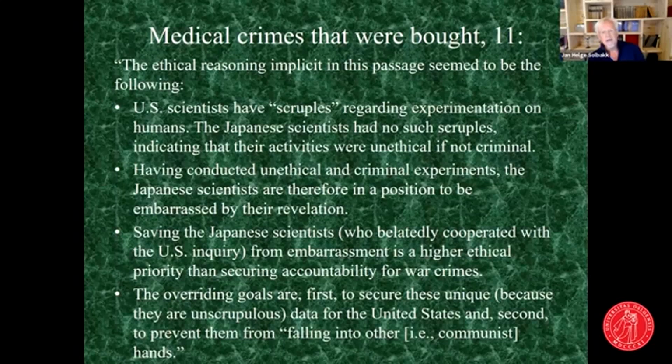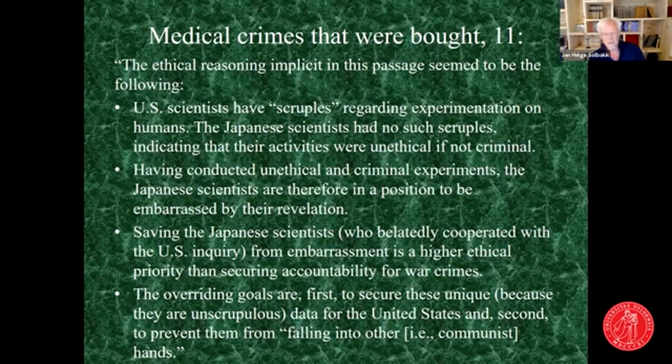The ethical reasoning implicit in this passage seemed to be the following. First, US scientists have scruples regarding experimentation on humans. The Japanese scientists had no such scruples, indicating that their activities were unethical, if not criminal. Second, having conducted unethical and criminal experiments, the Japanese scientists are therefore in a position to be embarrassed by the revelation.